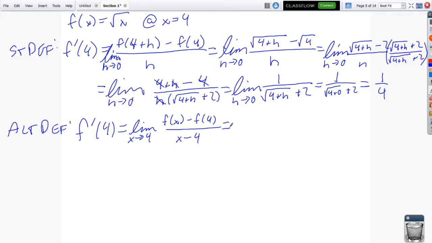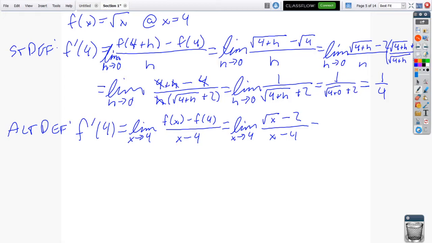So now I have, let's see, limit as x approaches 4 of the square root of x minus the square root of 4. I hope you guys are all right with me just putting that as 2, over x minus 4. And if you can't figure out that it's 2, we did it right up here. See that? Yeah. Okay, cool. So now I could try direct substitution, and I would see that I'd get 2 minus 2 over 4 minus 4. So I'd get that 0 over 0.